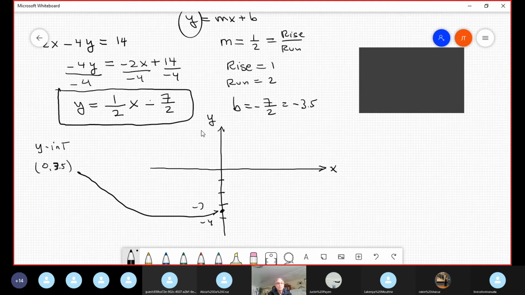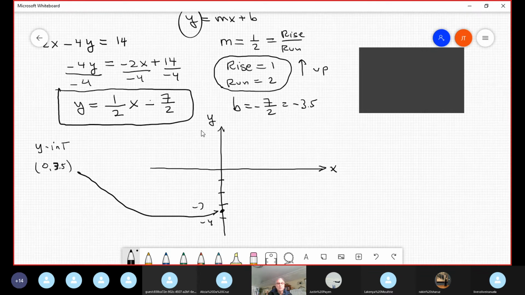Now I go to the run and rise. In what direction do I move, up or down? Up. What is the reason it's up? What is the piece of information that tells me it's up? Because rise is positive.